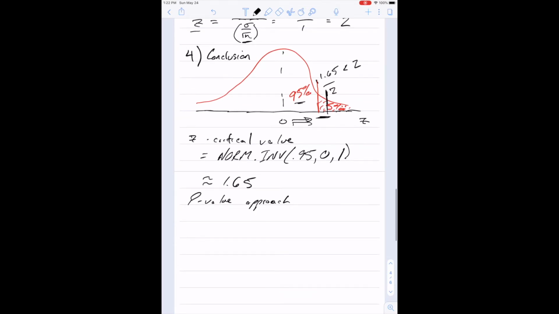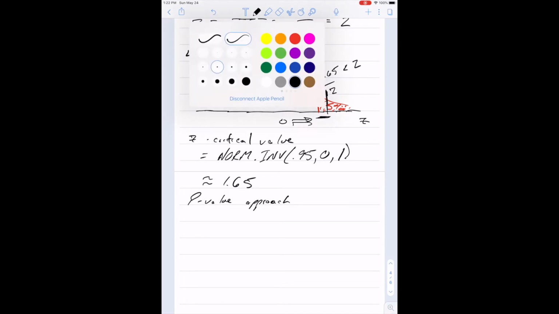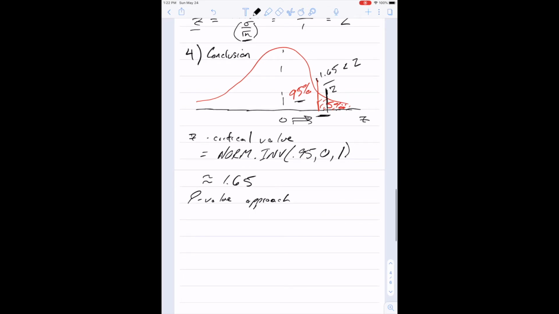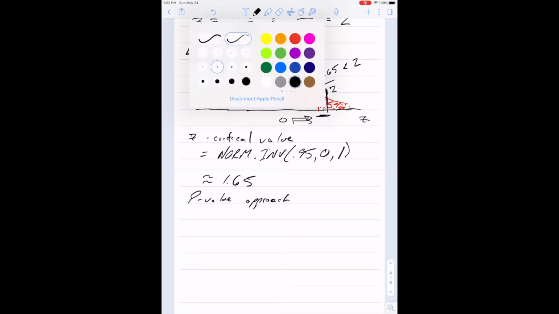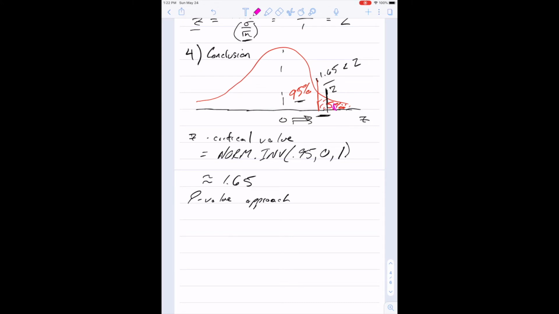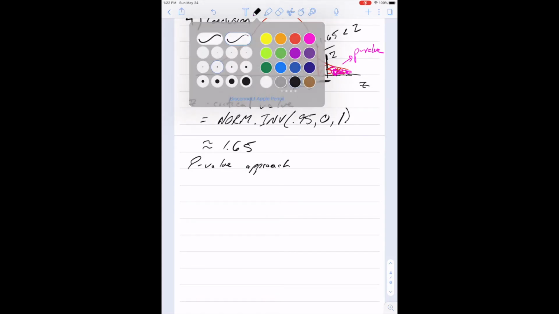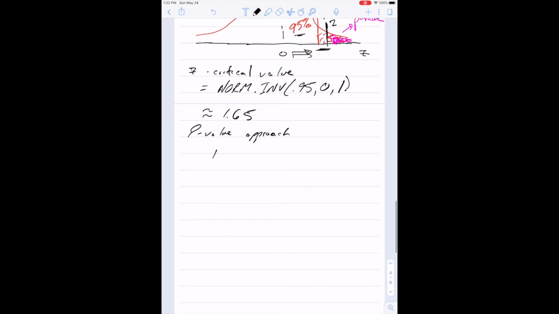Well, another thing I could do, notice that there's an area to the right of that 2, and that reflects a probability. This area right here, to the right of this 2, that area is called the p-value. All right? So I could instead compare the p-value.